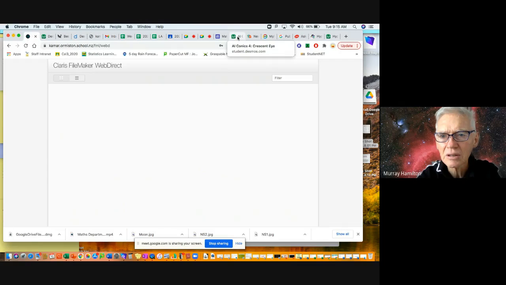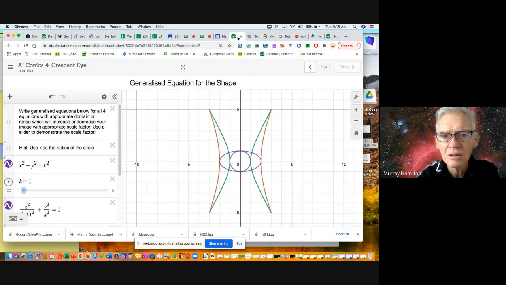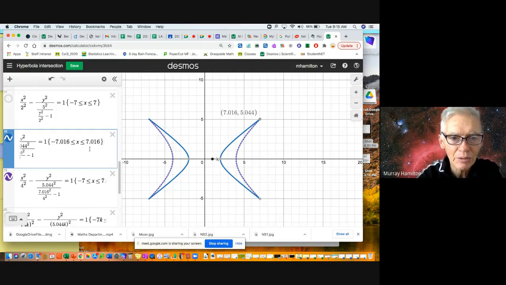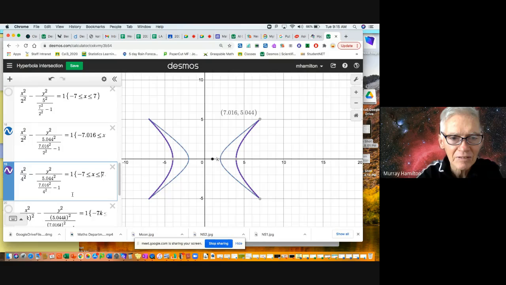Where did I have my Desmos? This one here. No, it was this one here. Yeah, see how I've restricted the domain here? And this one, 7.016, and again, for the one that I've just done, I've done it from negative 7 to 7.016, so I should put that as negative 7. See, I've only got this left one as negative 7.